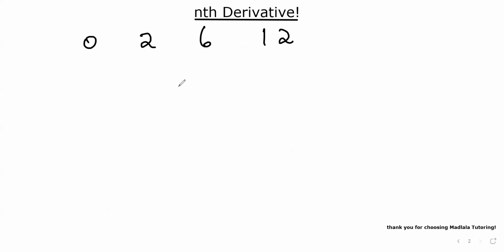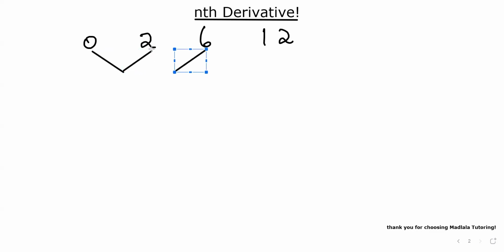No, because we don't have a constant ratio. 2 divided by 0 is undefined. And this one divided by 2 is 3. And this one is going to be 2. So it's not exponential. It's also not arithmetic because we don't have a constant difference.